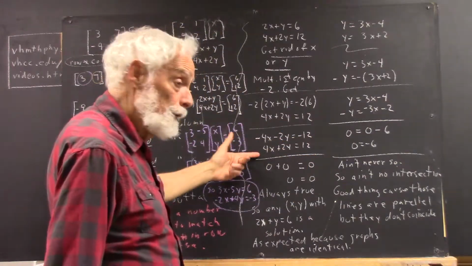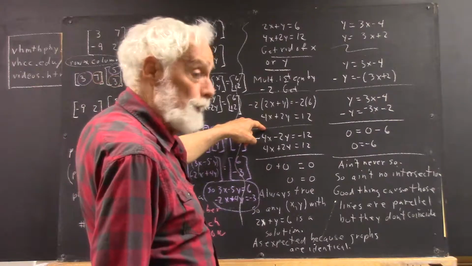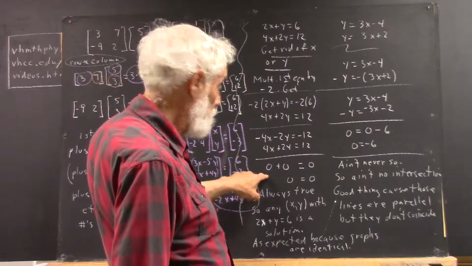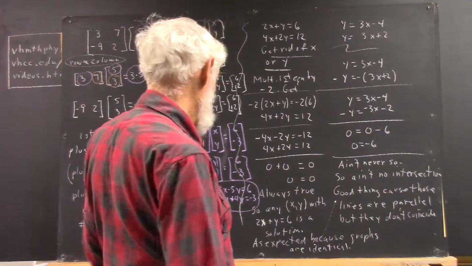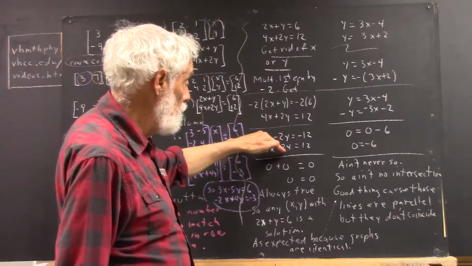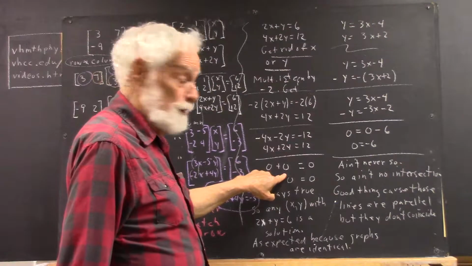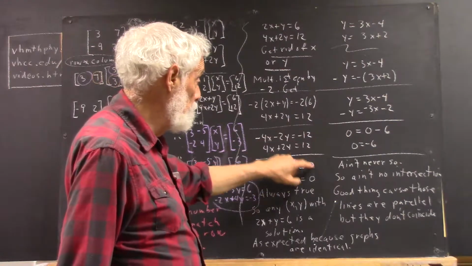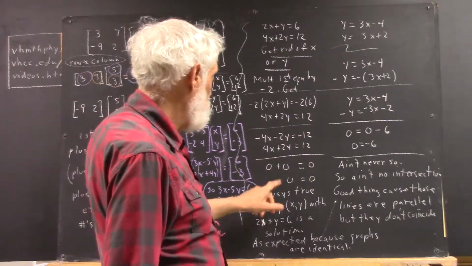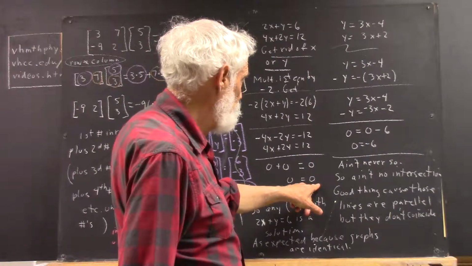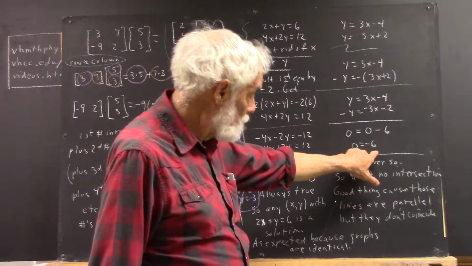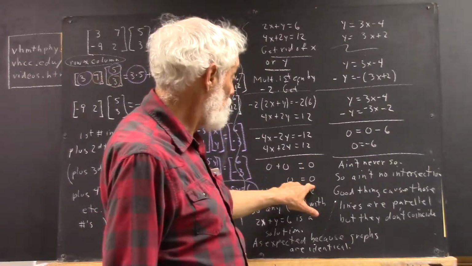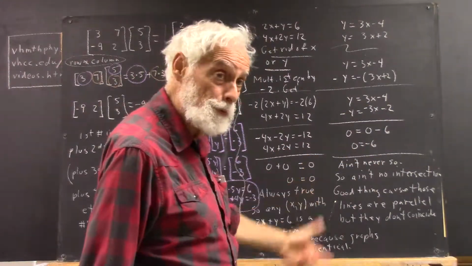So now we add these two equations, and sure enough, -4x matches up with 4x and gives us 0. But look what happens with y. Negative 2y and 2y add up to 0. Negative 12 and 12 add up to 0. So now we get 0 equals 0. Well, that looks a lot like this, except that this is never true, and this is always true. 0 is equal to 0.